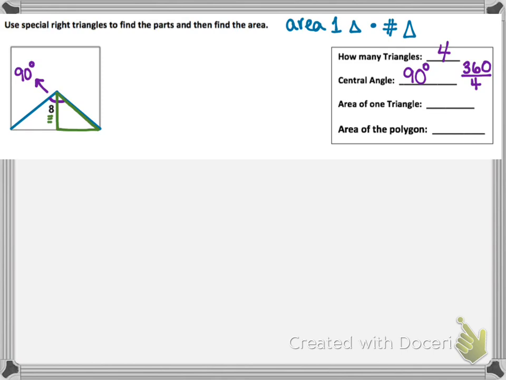So that means in this little green triangle, this is going to be 45 degrees because half of 90 is 45. And that's going to happen every time. So that little green angle right there is 45 degrees because it is half the central angle.